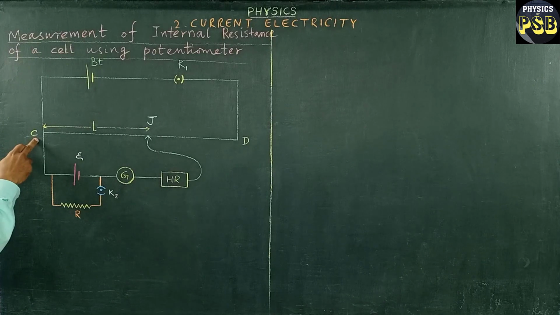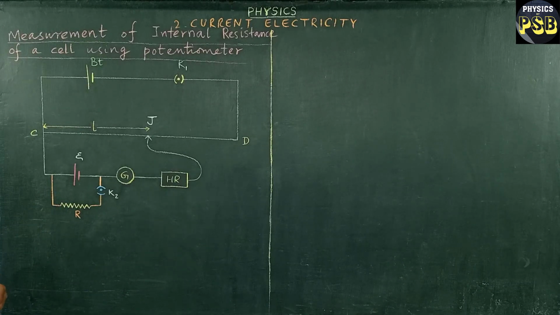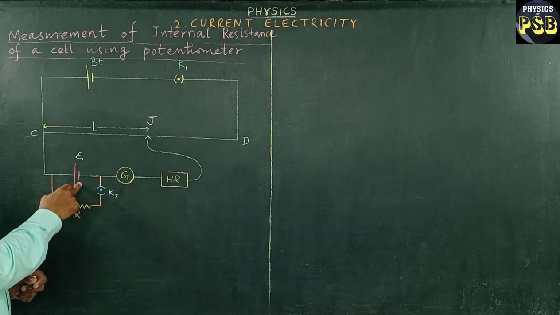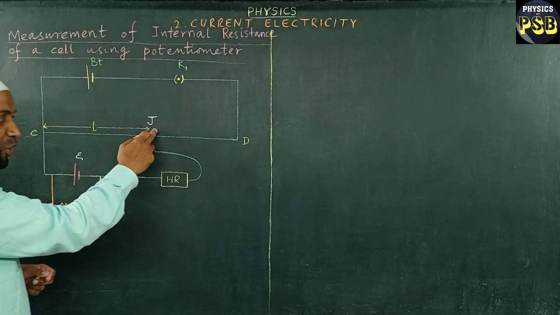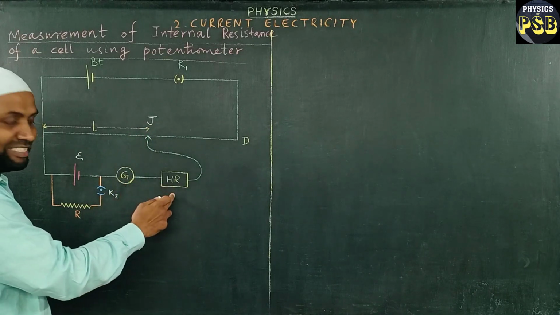And end C of the potentiometer wire is connected to the positive terminal of cell Xi, whose internal resistance is to be determined. Then the negative terminal of cell Xi is connected to the jockey through a galvanometer and high resistance.